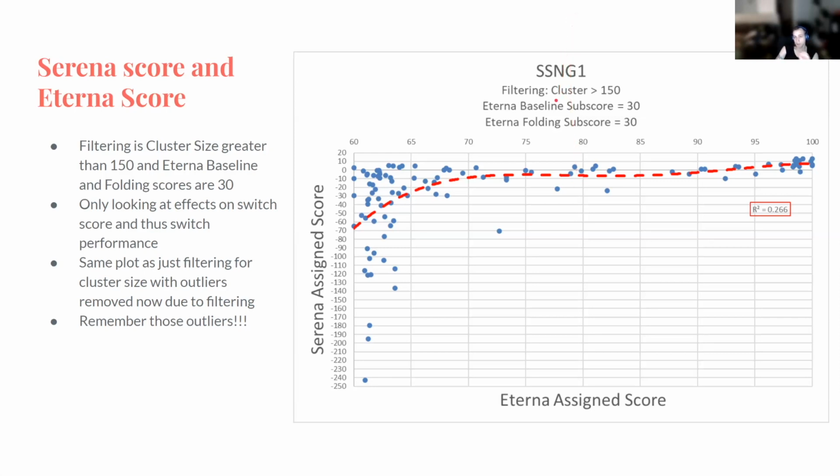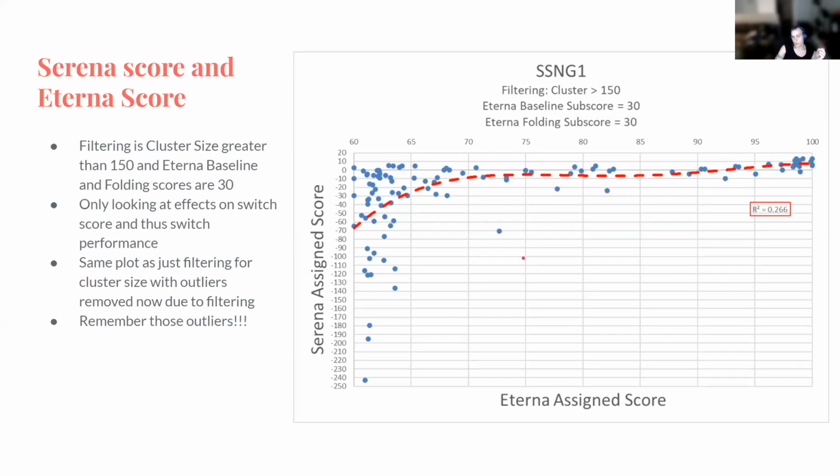So I'm filtering. The Eterna baseline score is 30, Eterna folding subscore is 30. So any changes are relative to the folding subscore now. And you see it has pretty much the same plot as the other ones, just fewer outliers, a little cleaner.